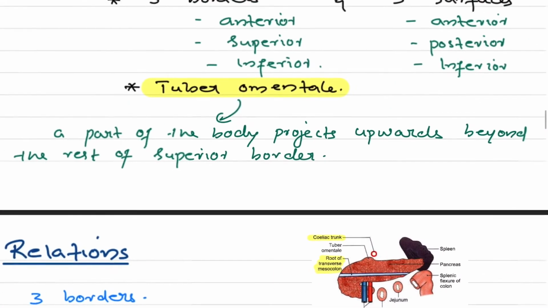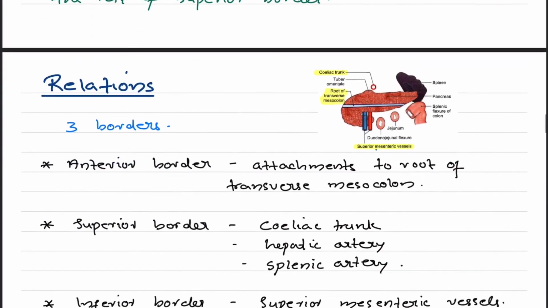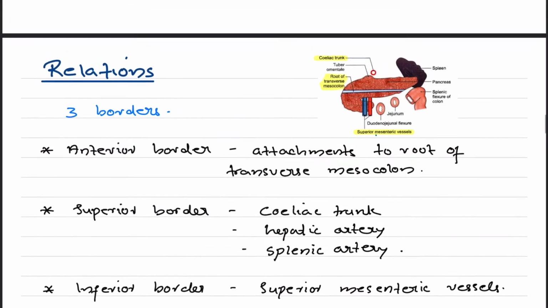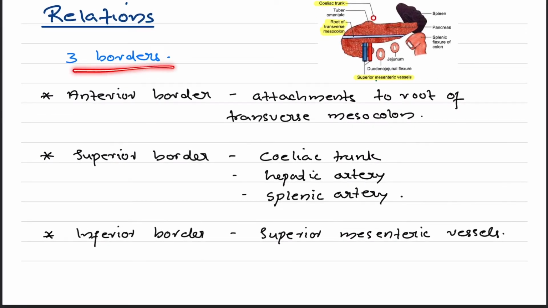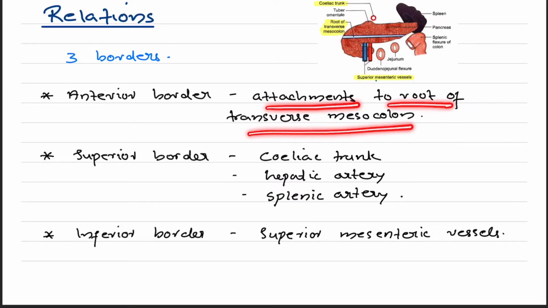Now the relations of the body of pancreas. First we'll discuss the three borders: anterior border, superior border and inferior border. The anterior border, which is this one, is attached to the root of the transverse mesocolon.